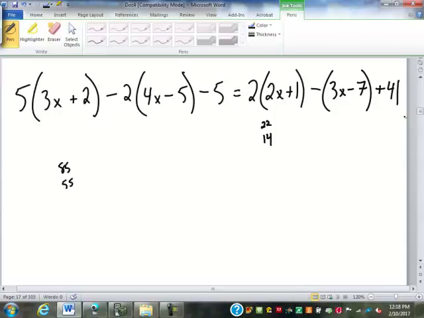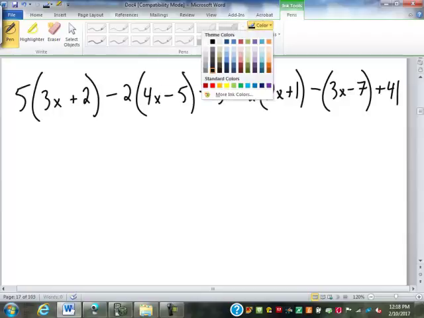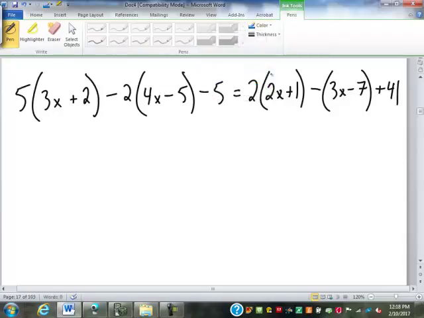Let's make it easy on ourselves. We'll go plus 41. So looking at this, it looks kind of ugly, but as long as we follow our steps, we're okay.